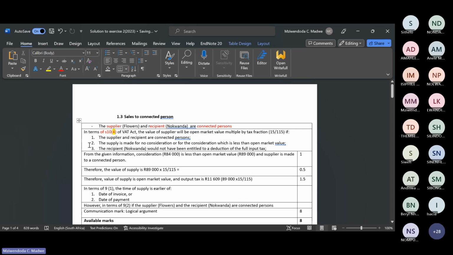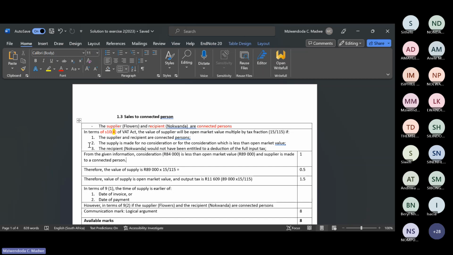So once you said I am given two values and I am dealing with connected persons, under section 10, subsection 4 deals with connected persons. It's going to indicate which value I'm going to use between these two values.